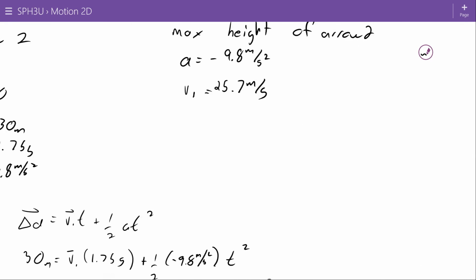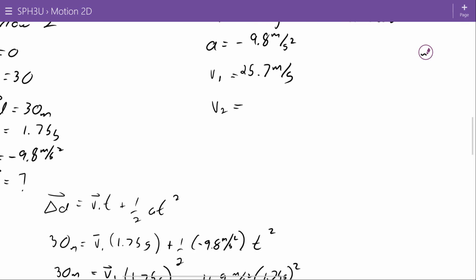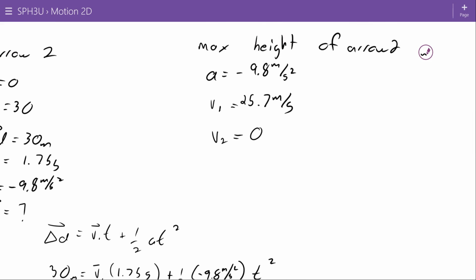What I'm going to use instead is the fact that if this arrow is going to stop and come back down at the maximum height, the final velocity must be 0. So there I go, I've got A, V1, V2, and I'm looking for my max height or my vertical displacement.